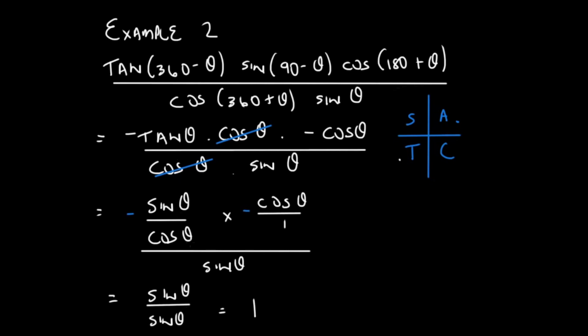So tan becomes sine over cos times negative cos over 1. Again, we can cancel what we can. So cos will cancel cos. What are we left with? We are left with sine theta over sine theta. And sine theta divided by sine theta will give us 1.